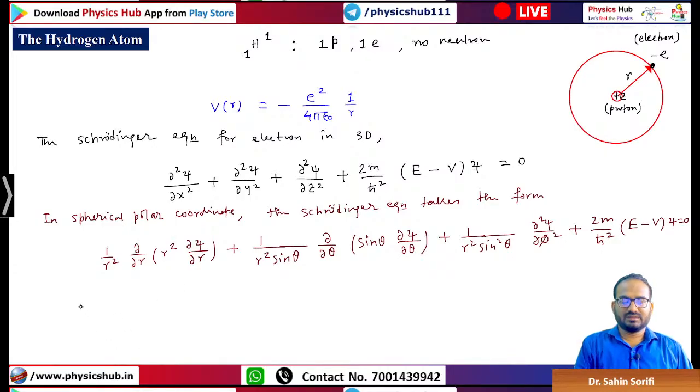Now we are doing a little bit of calculation. So we are multiplying r square sin square theta on both sides of this equation.